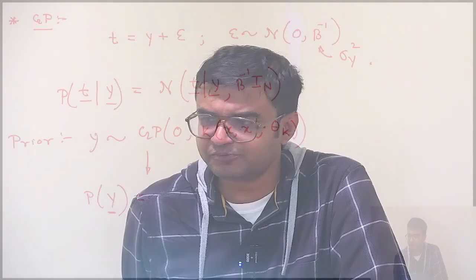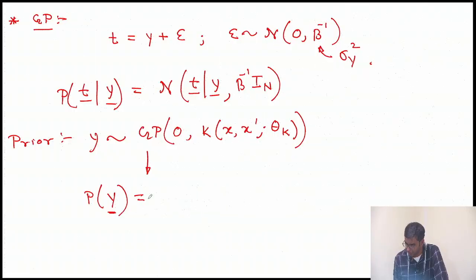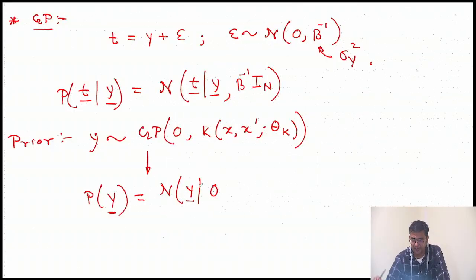So this will give me the probability of the y vector, and from the definition of Gaussian process, this will be Gaussian with mean 0, which is a vector of zeros, by the way, n cross 1, assuming n data points, and covariance matrix, not a kernel now, Kn.